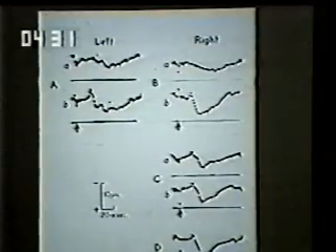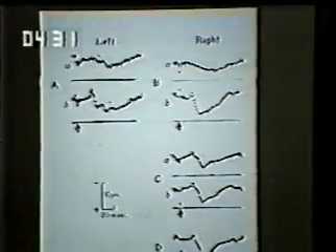In C, the evoked potential was recorded when the stimulus was subthreshold, and B was when it was suprathreshold, and there isn't a hell of a lot of difference.